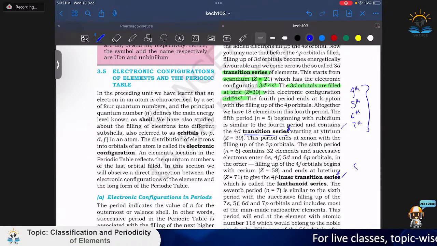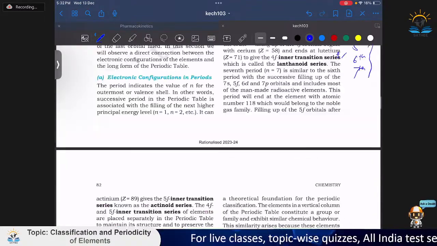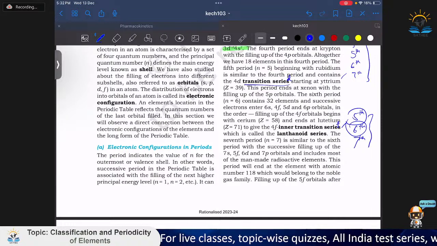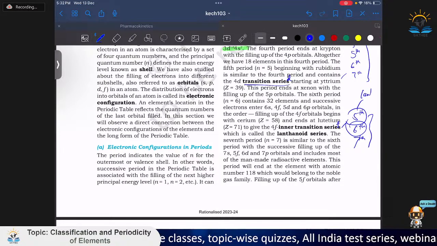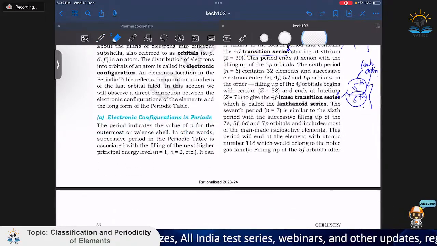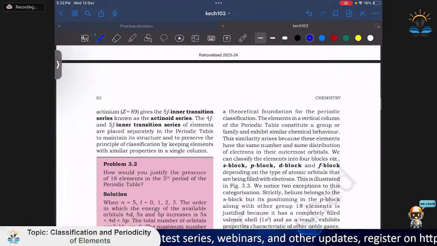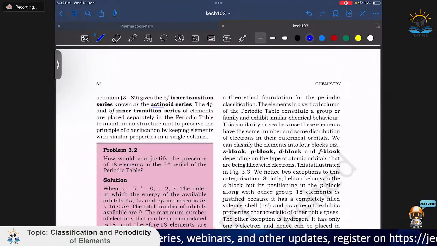They are present in the sixth and seventh periods. The sixth ones are called lanthanoids, seventh ones are called actinoids. So yeah, the seventh one is the actinoid series.